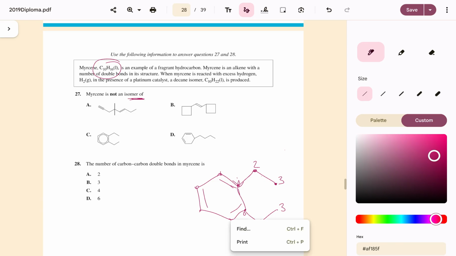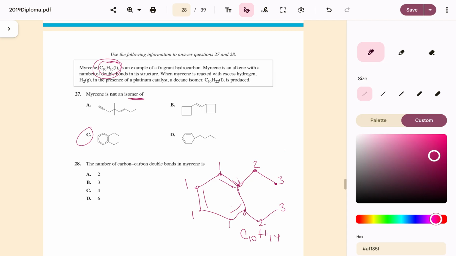Over here, this carbon has 3 lines, so it would have 1. This one would have 1, 1, and 1. Now we can count: 3, 4, 5, 6, 7, 8, 9, 10, 11, 12, 13, 14. This is H14, so that's the odd one out. The rest of them would have C10H16.